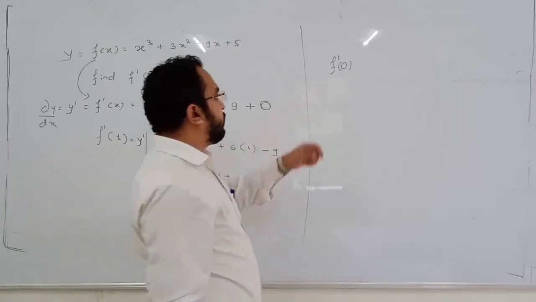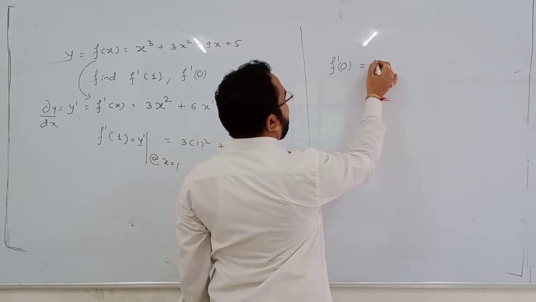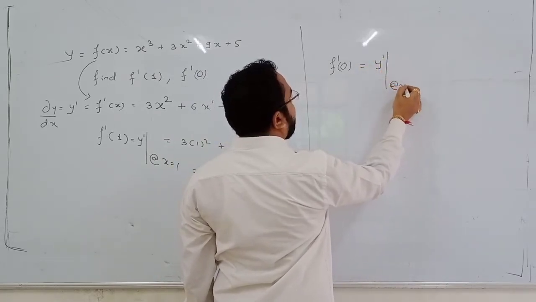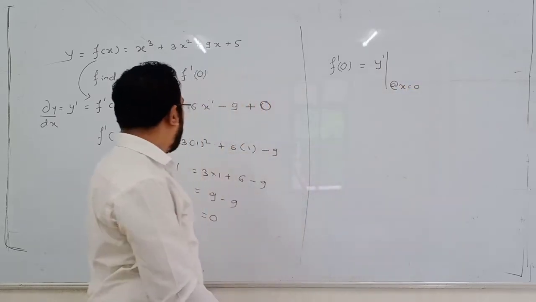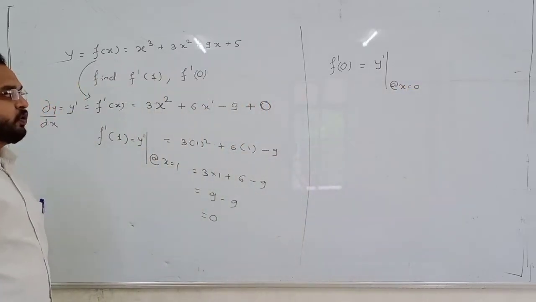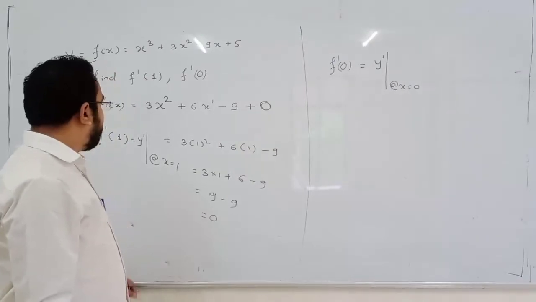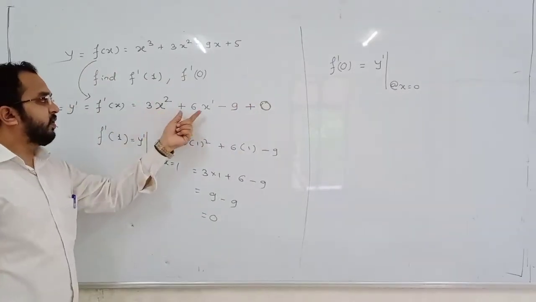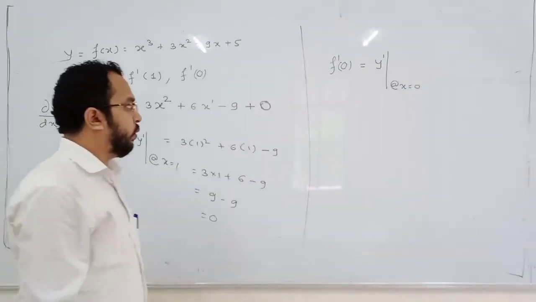So what is meant by f dash of 0? f dash of 0 means y dash, value of y dash at x is equal to 0. That means in the equation of y dash, wherever there is x, substitute 0.